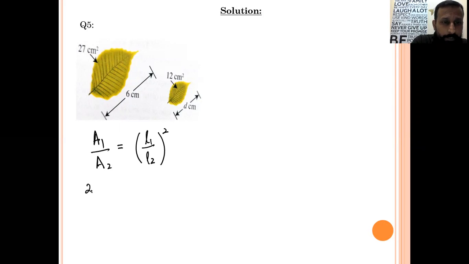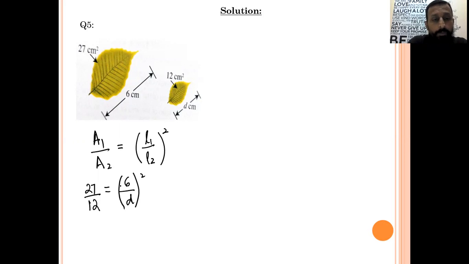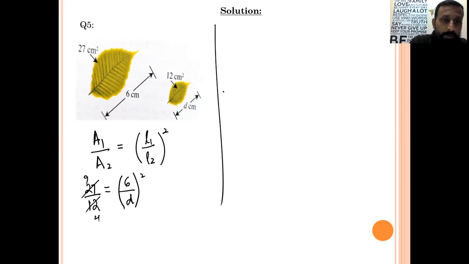A1 is 27, A2 is 12, L1 is 6, and L2 is D, the whole square. So you can use 3 times table to simplify this. 3 4s are 12, 3 9s are 27. So boys and girls, after simplifying this, we found that 9 upon 4 is equal to 6 upon d, the whole square.